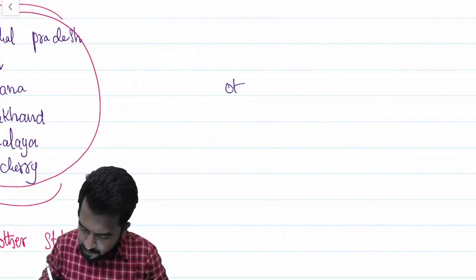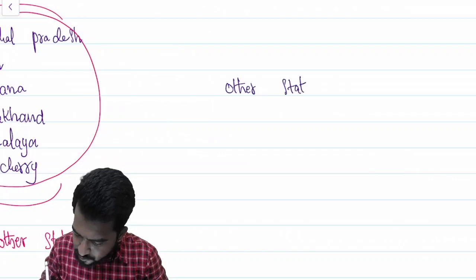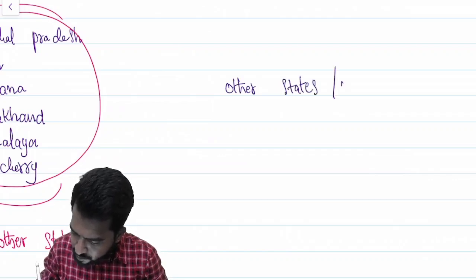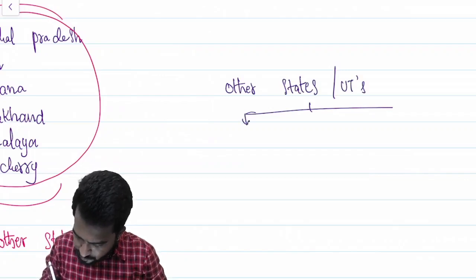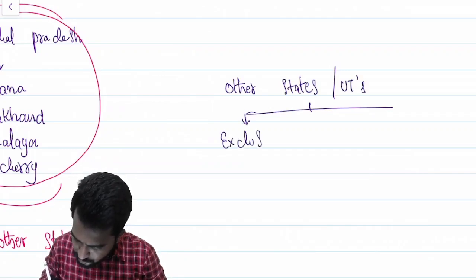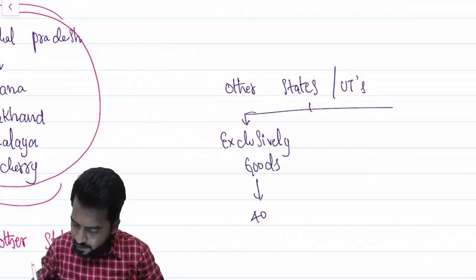In other states and union territories, if you are dealing exclusively with goods, then it is 40 lakhs.